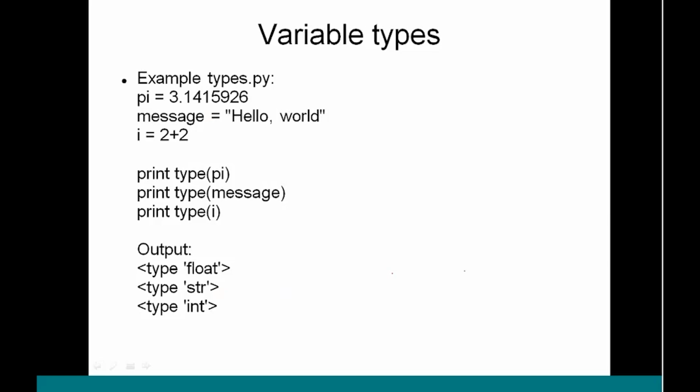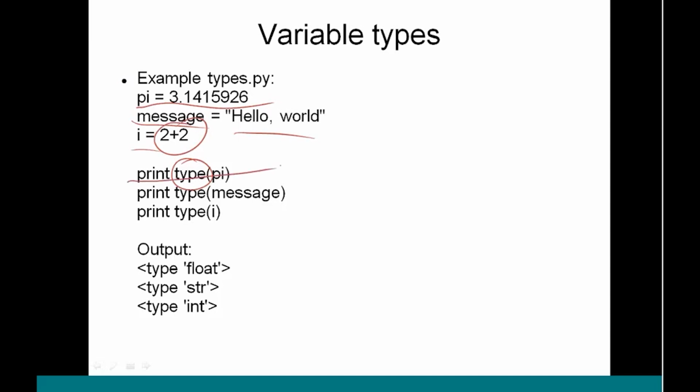One thing that you can do is use a function call. We haven't introduced functions, but let's say there is a function called type that determines what kind of type it is. So here we define pi as 3.1415926. The message is defined as hello world, and then I is an expression, 2 plus 2.